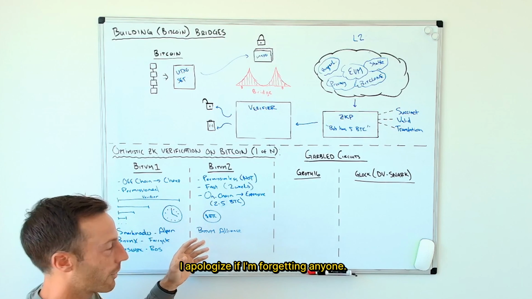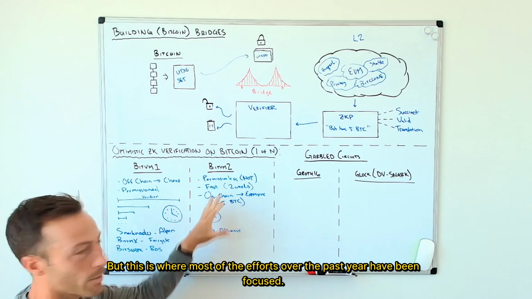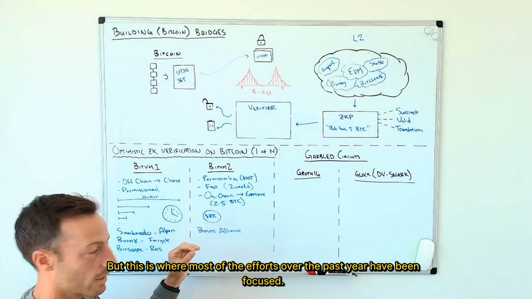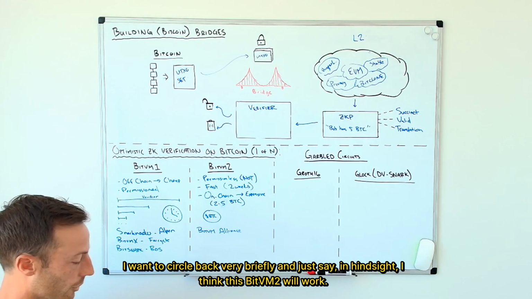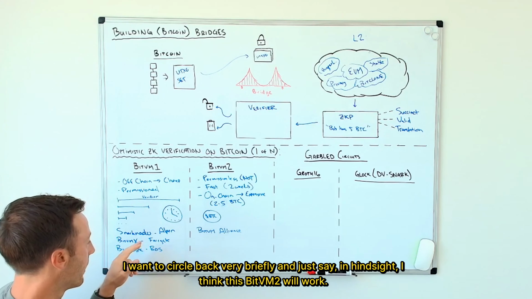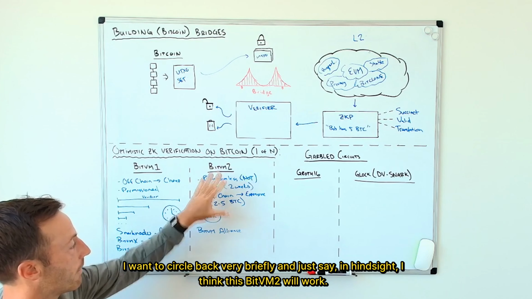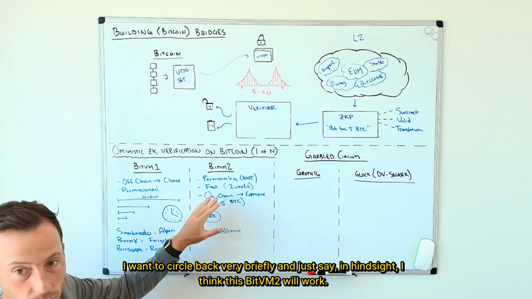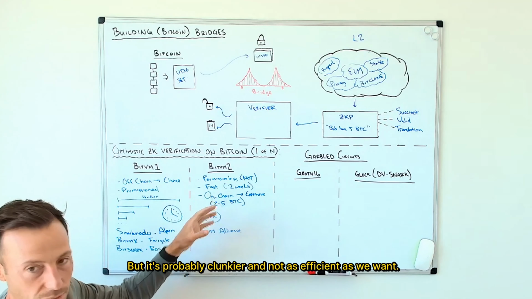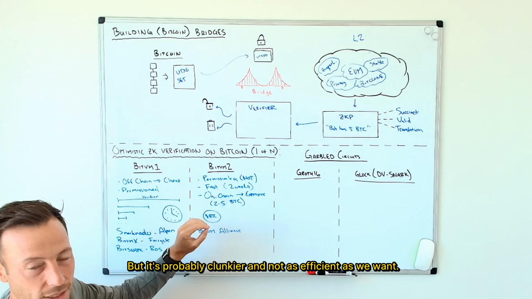I apologize if I'm forgetting anyone, but this is where most of the efforts over the past year have been focused. I want to circle back very briefly and say, in hindsight, I think BitVM 2 will work, but it's probably clunkier and not as efficient as we want.